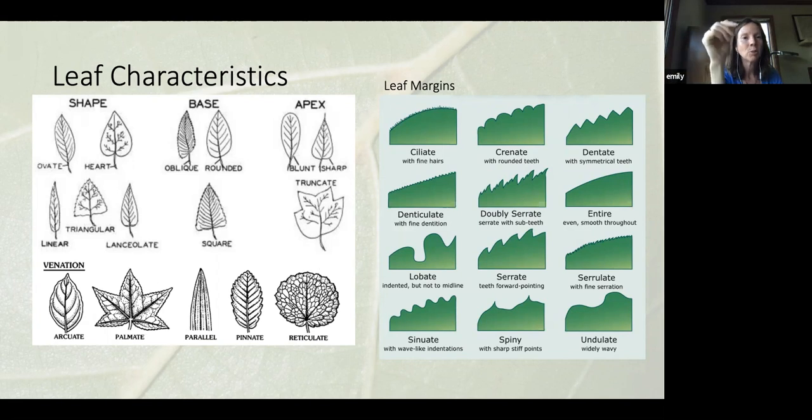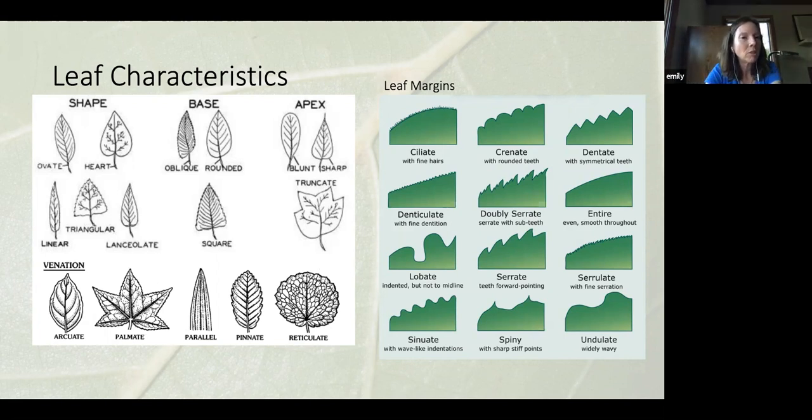And I'd also like to point out some of these leaf shapes. So a heart-shaped leaf. Everybody's pretty familiar with the redbud. It has a classic heart-shaped leaf. Things with an oblique base, we're going to look at some of those because I think they're very interesting, and they can really quickly be identified just by noticing that the base of the leaf doesn't come in with the same shape on both sides.